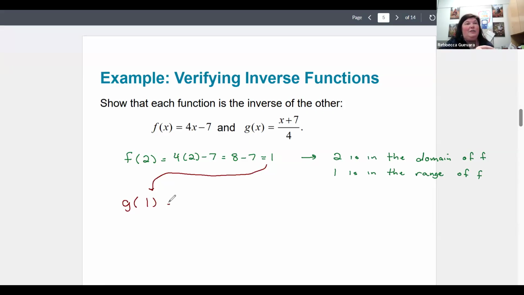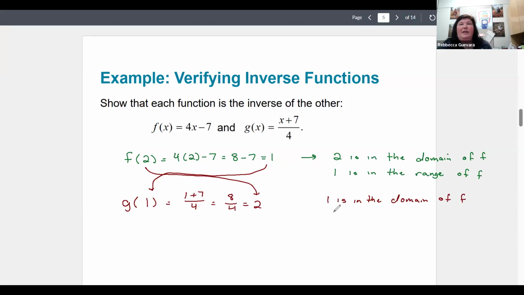So once I do that, we're going to end up with 1 plus 7 over 4, or 8 divided by 4, which is 2. So what we see here is that 1 is in the domain of g, and 2 is in the range of g.